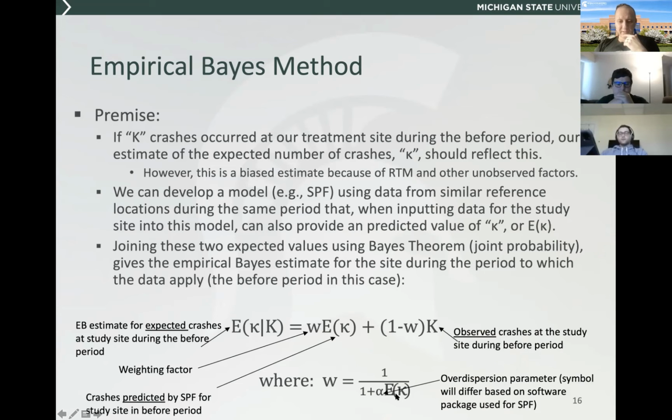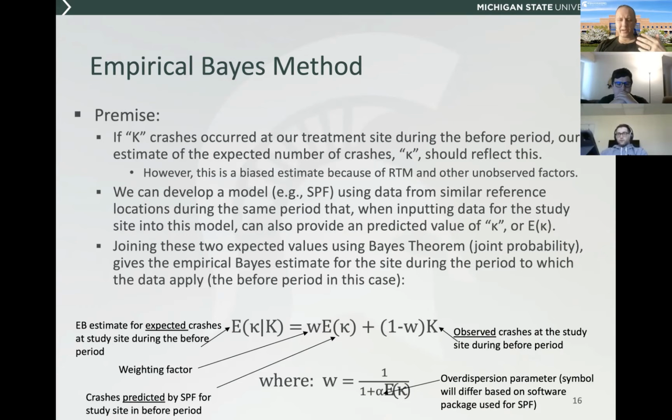The second is simply the expected number of crashes that we see based upon that regression equation. So for example, we'd have this SPF that's been developed for the control sites. We would plug in the pertinent information for the sites where the treatment had been implemented, and that would be the basis for this estimate. Okay, so we're basically building off the content last week.